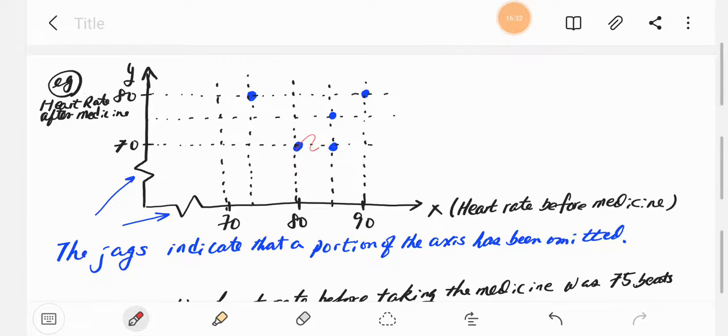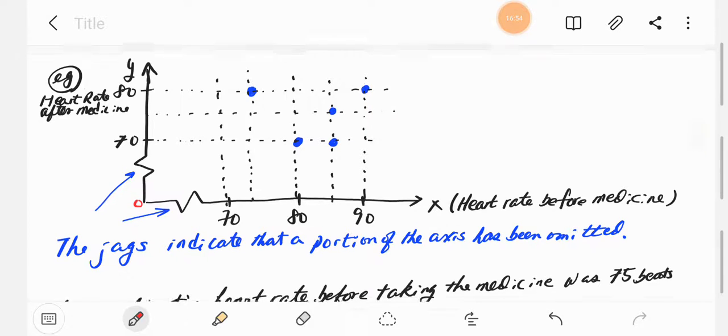There are 1, 2, 3, 4, 5 points in this graph, and at the beginning there is a two-jagged break symbol. These jagged lines indicate the front part is omitted because the numbers start from 70, so you can remove the front part.